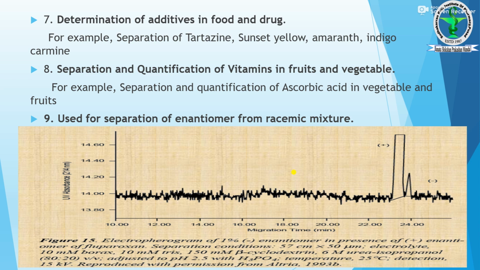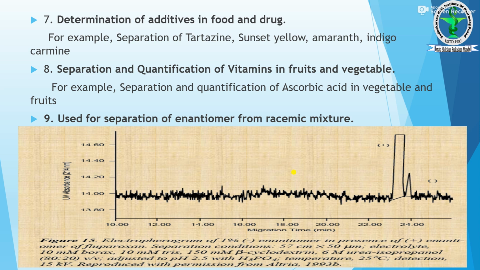Separation of enantiomers from the racemic mixture. So how is it done with the racemic mixture separation? The electrophoregram of 1% enantiomer in presence of an enantiomeric fluorophore. Separation condition is 57 centimeter by 50 micrometer. That is the electrolyte that we are using.